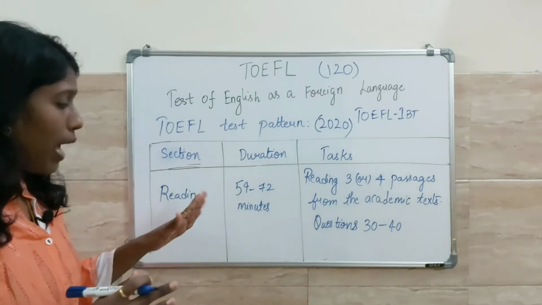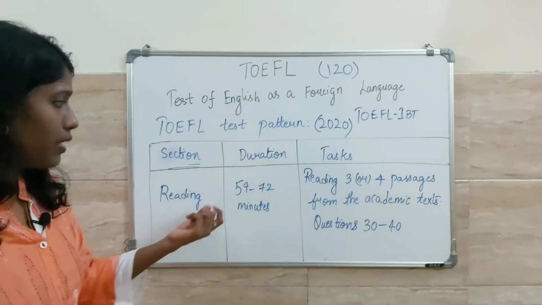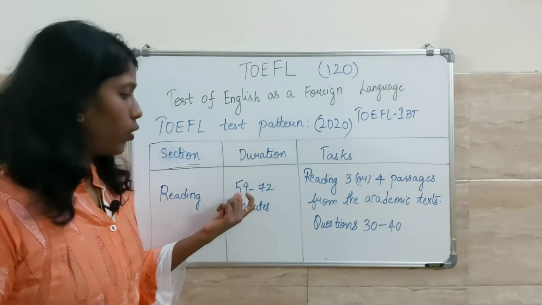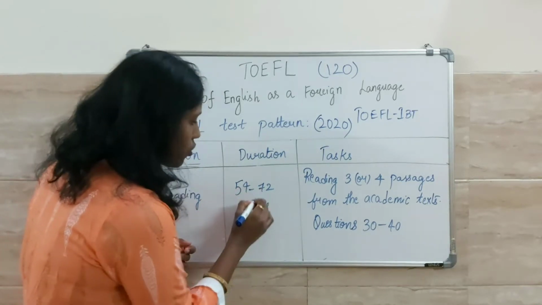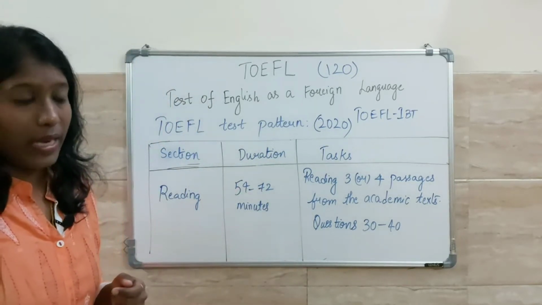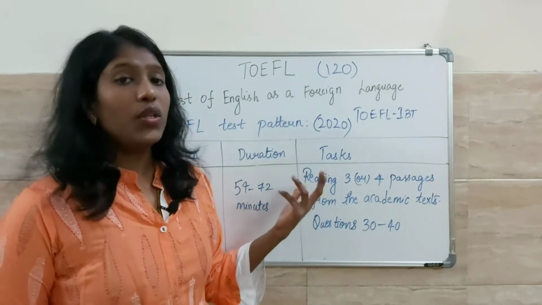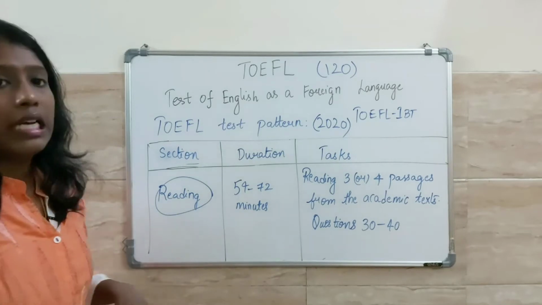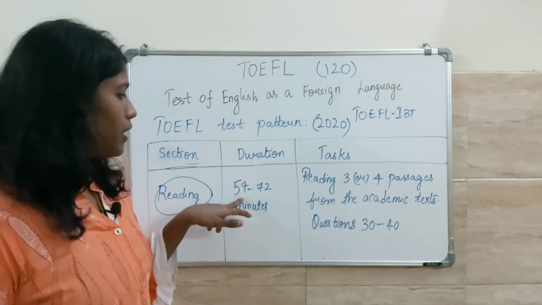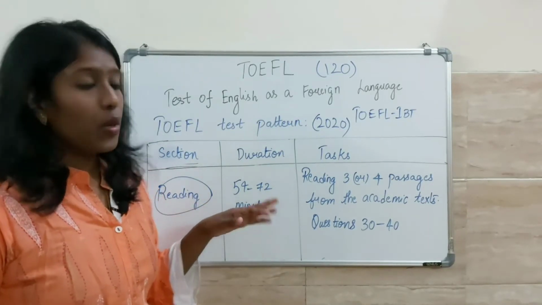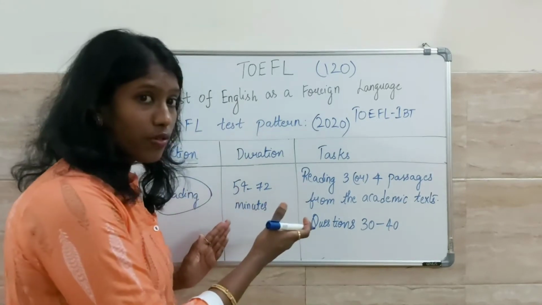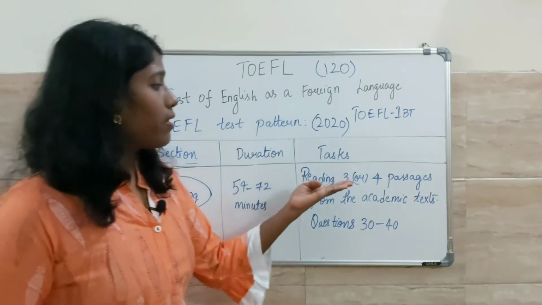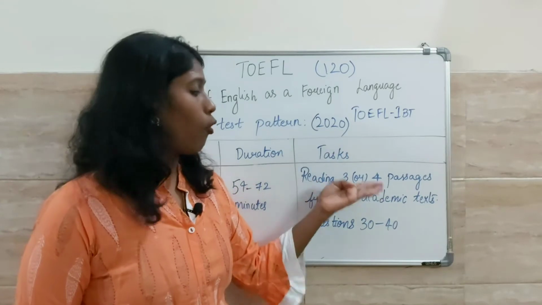So what is the duration of this reading section? It is 54 to 72 minutes. You have to complete this reading section in 54 to 72 minutes. Why is it in a range? Because you will either get 3 passages or 4 passages.